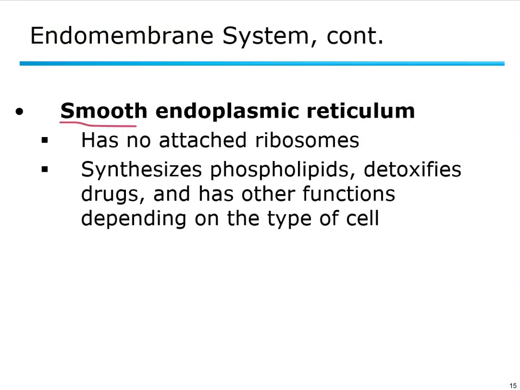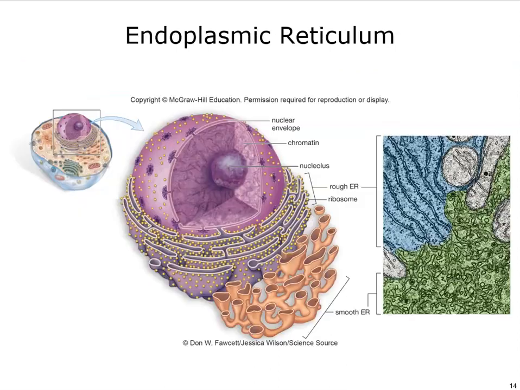The other one is smooth. The smooth ER, or endoplasmic reticulum, has no attached ribosomes, and its function is the synthesis of lipids, and it has a function of detoxification as well. As you can see in this graphical representation, we have the continuation of the nuclear envelope.